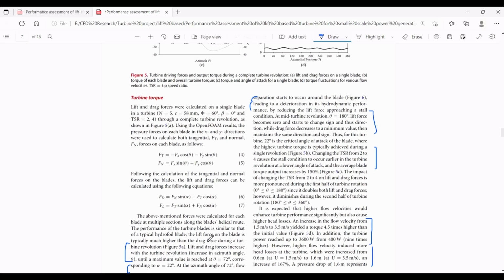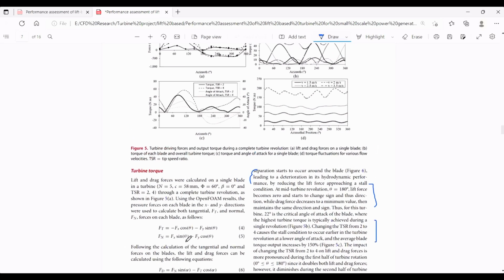So we can say that alpha equal to 22 degrees is the critical angle of attack for the turbine blade cross section. We can also observe from the graphs that after changing the tip speed ratio from 2 to 4, the stall conditions occur even earlier compared to the previous case, and this leads to an average blade torque output increase of 150%.